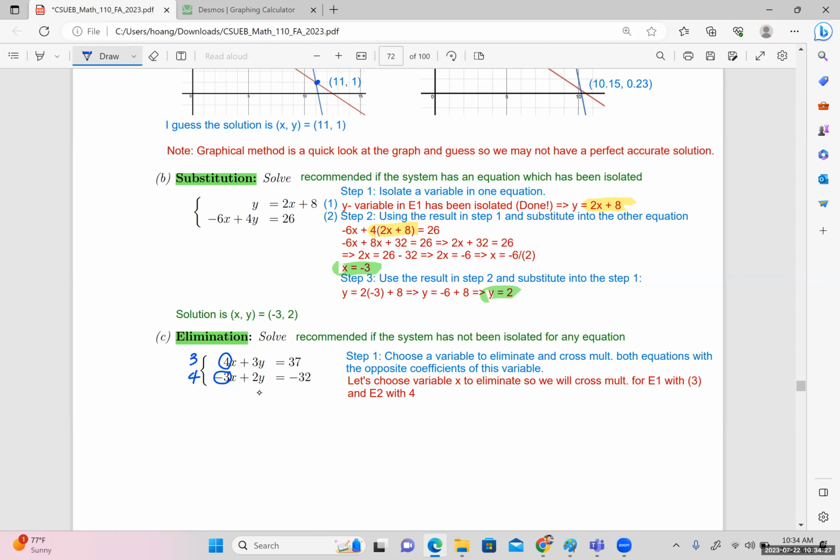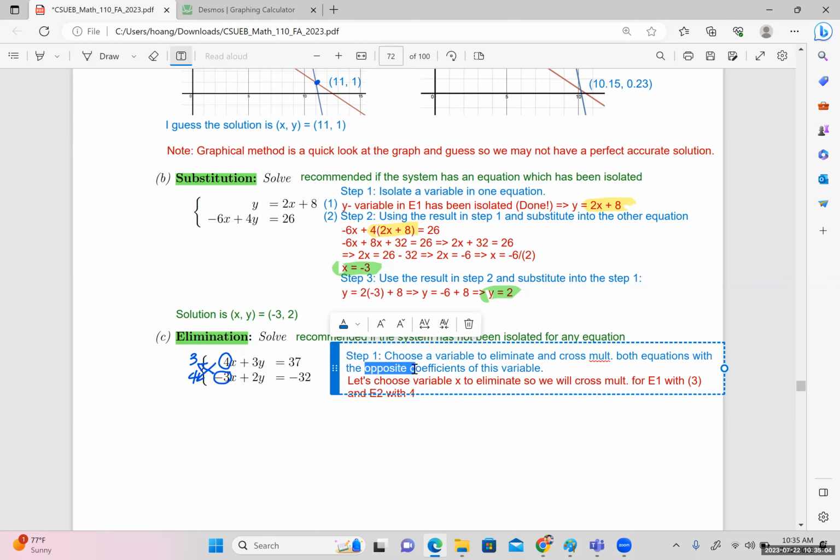One of them must be, I mean, you cross multiply, right? So one of them must be negative, and one of them would be positive after multiply. Okay, so I will have to change my word a little bit to make this one better.